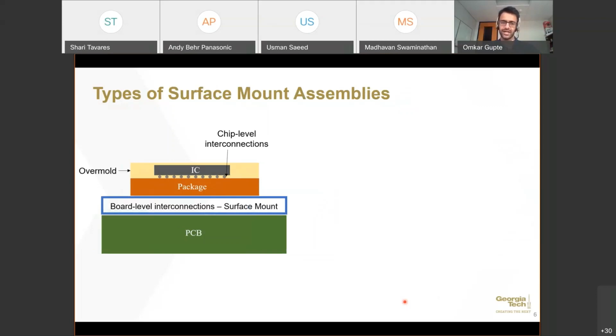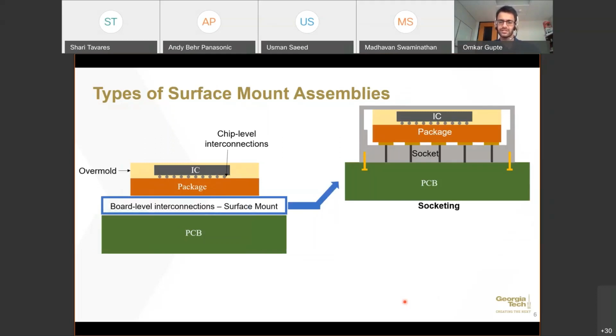And when we classify these further, there are two types of surface mount assemblies. The first uses a socket, which is attached to the printed circuit board through a mechanical contact.